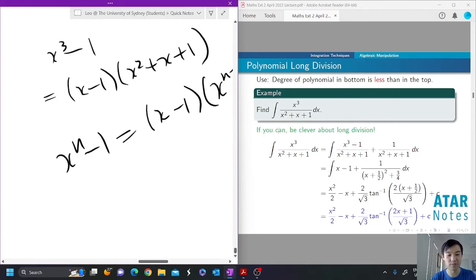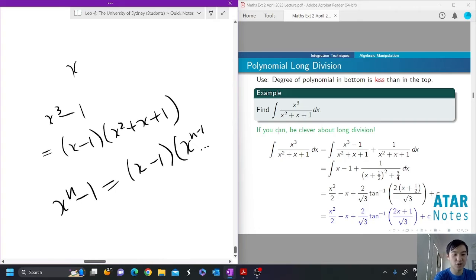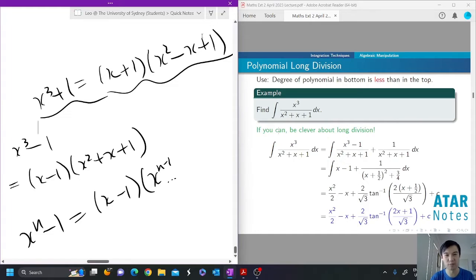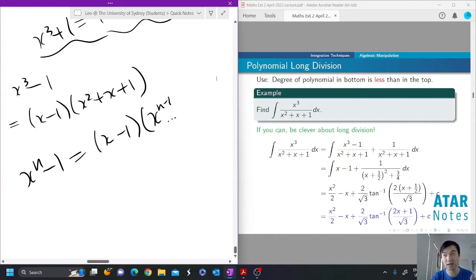But for x cubed here, there's also an x cubed plus 1 factorization, where it was (x plus 1)(x squared minus x plus 1). That was another thing we learned at the same time in like year 9. It's called the sum and difference of two cubes.